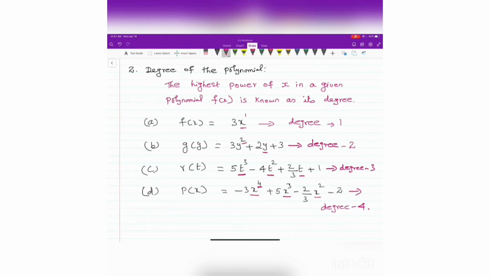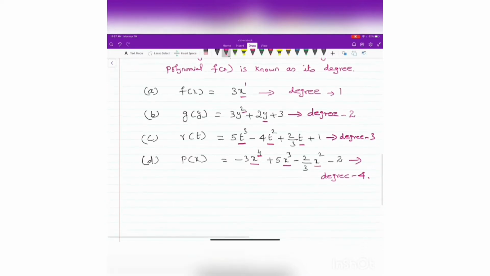This is the second concept. The third one. Based on the degree, we can name the polynomials as linear polynomial, quadratic polynomial, cubic polynomial and biquadratic polynomial. So, types of polynomial, the third one, types.